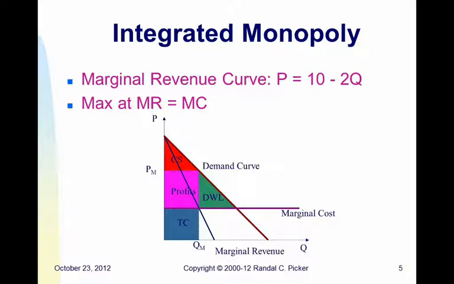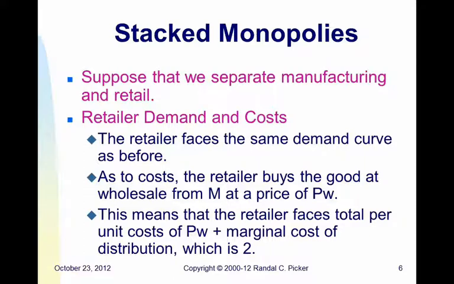As we move to then separate monopolies, where we have one monopoly at the retail level and a different monopoly at the manufacturing level, when we have those stacked monopolies, the question is, what do we see happening there? Now we need to recognize that the retailer is facing the demand curve we've been using all along.